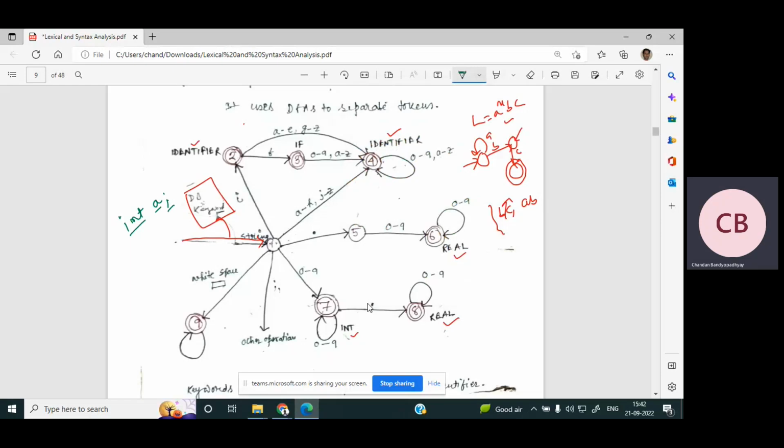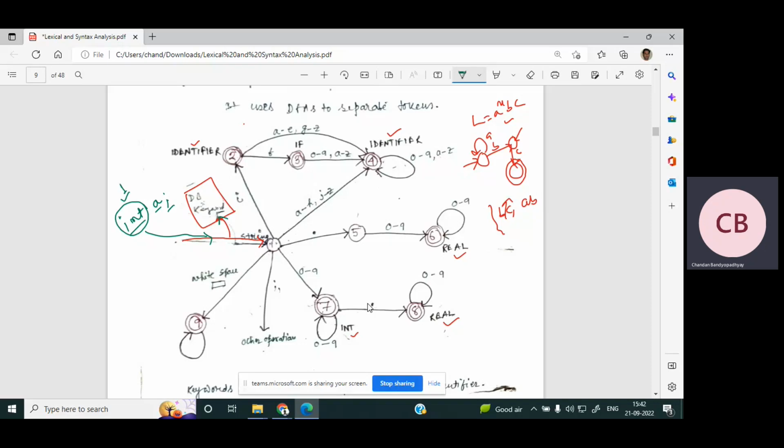First, whatever the token is, it passes through the initial state. Before entering, it checks with the DB keyword whether a keyword with the same token name exists or not. It finds yes, int exists.